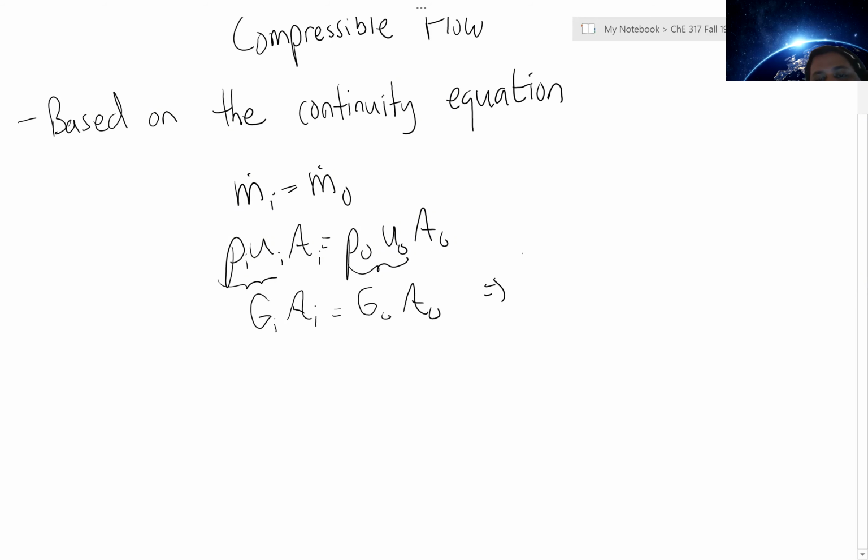Because for compressible flow, the mass flux remains constant. And so even though our density and velocity are changing, the mass flux remains constant.